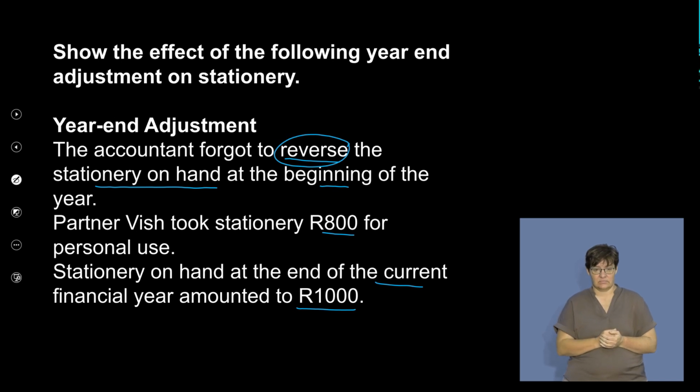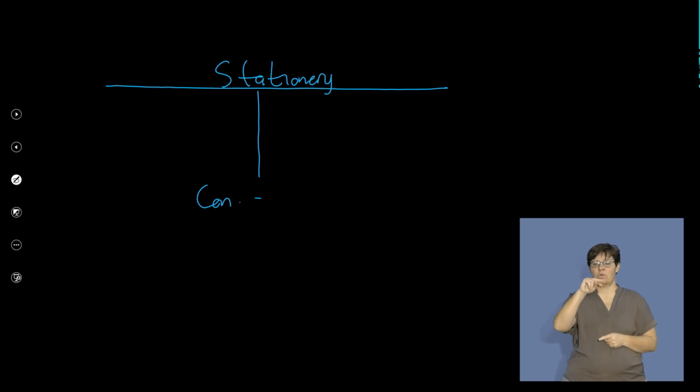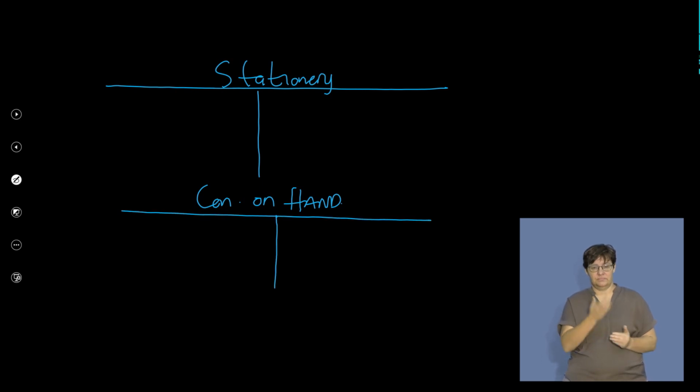Right, now in order for you guys to understand these adjustments in detail, I would prefer to draw up our ledger accounts, stationery, as well as an account for consumables on hand. So let's start by just bringing down the balances for each. So let's start with consumables on hand, obviously an asset.